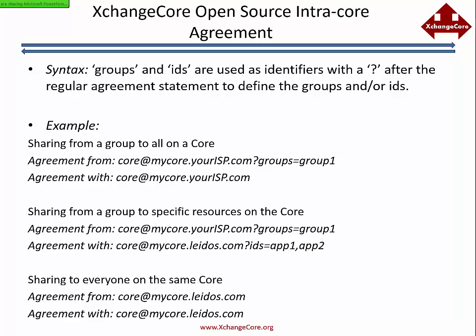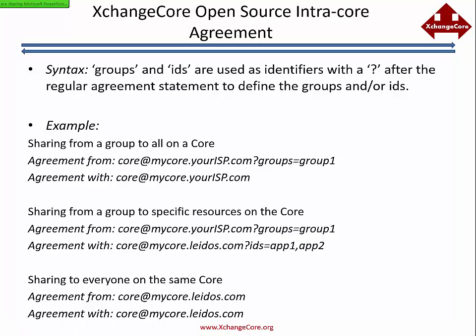What that looks like, only one or two of you are probably going to do this, the system administrators, but agreements basically have a group ID now, so that's going to be an agreement from a core at my core to your ISP, and it's going to be for the group one. And then if you look in the middle, I can say, okay, now it's group one and it's an ID.